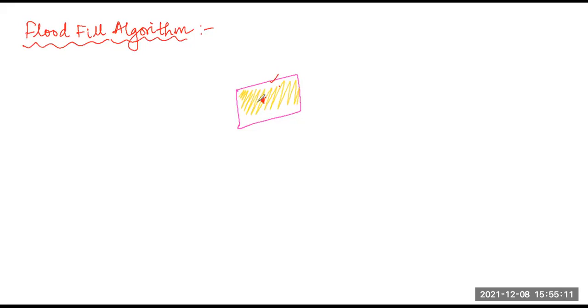Now if you see, when I am writing that your current pixel value is not equal to your boundary value, that means the color is not equal to your boundary color, then the problem is the boundary always needs to have the same color.